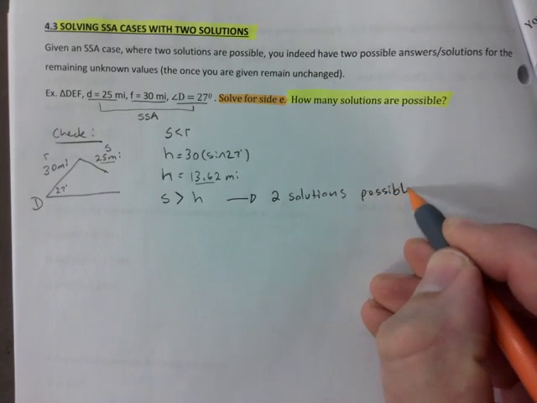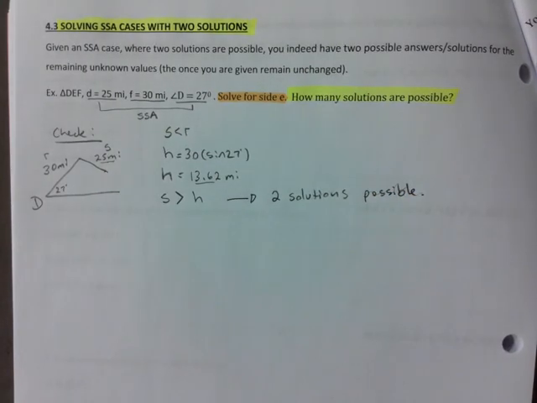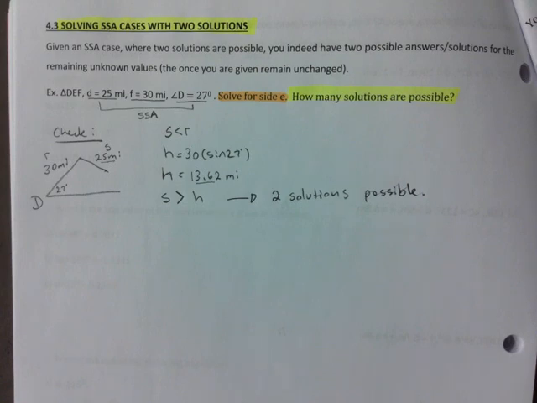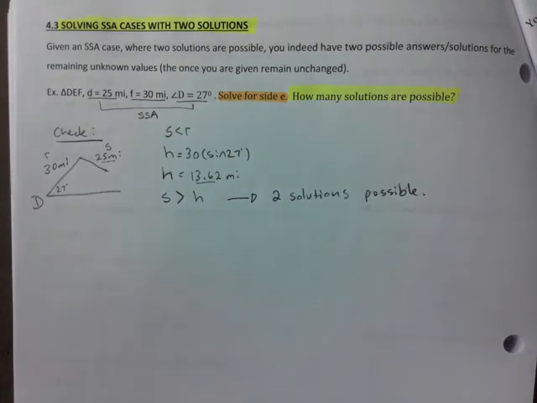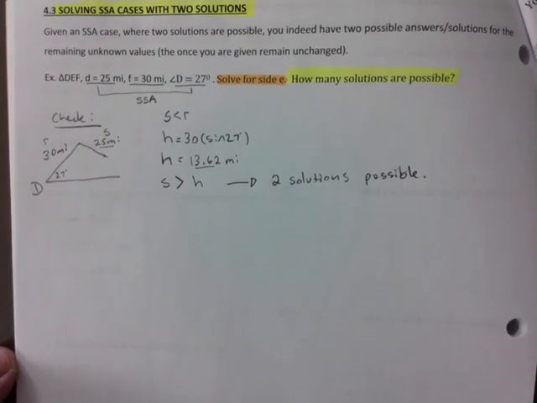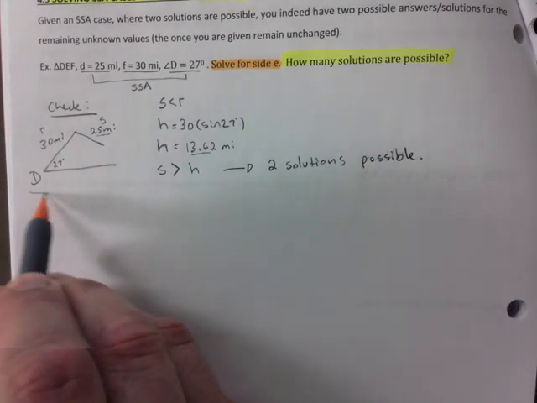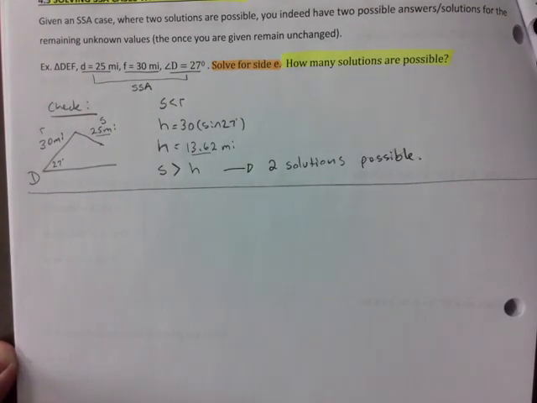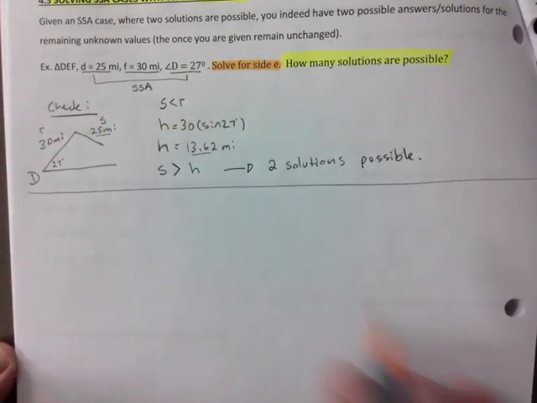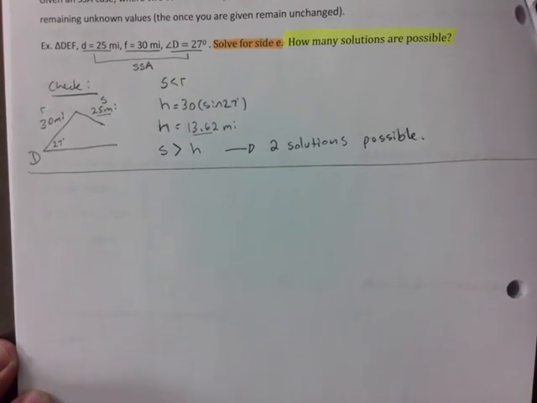Given this situation, I can't say what the triangle looks like. I don't know if it's going to be one that has an obtuse angle in it, or one that has an acute angle in it. So therefore, I must do both. This would be worth probably 2 marks, just you identifying how many solutions there are.